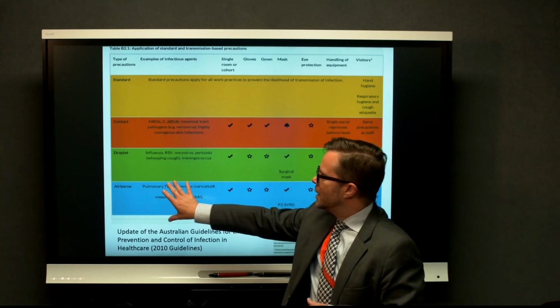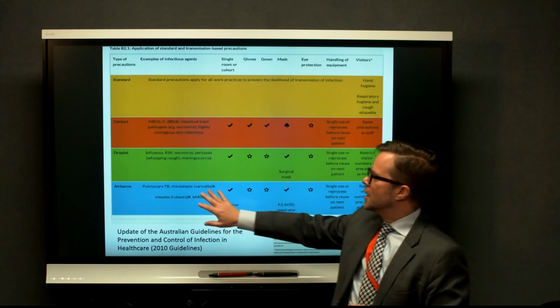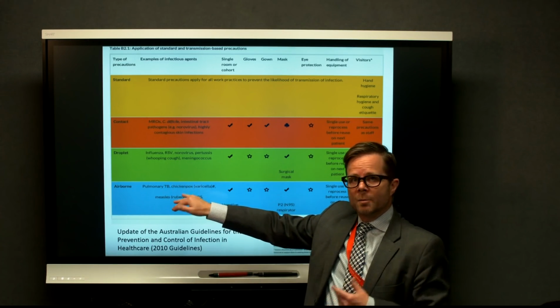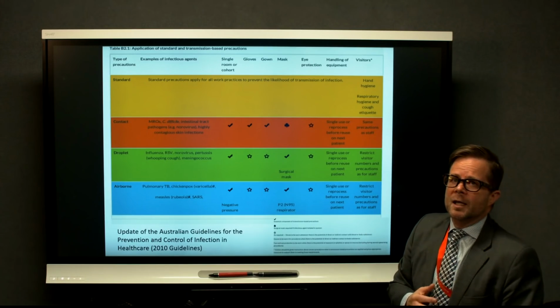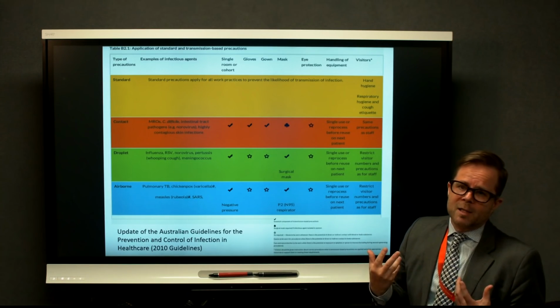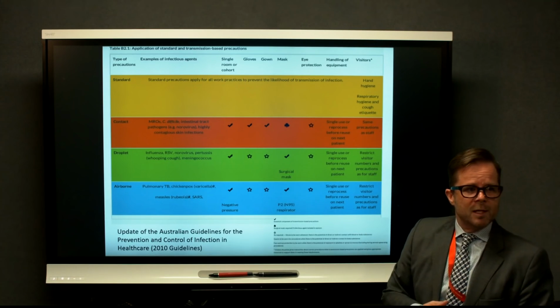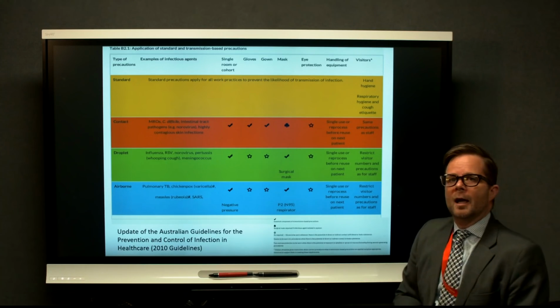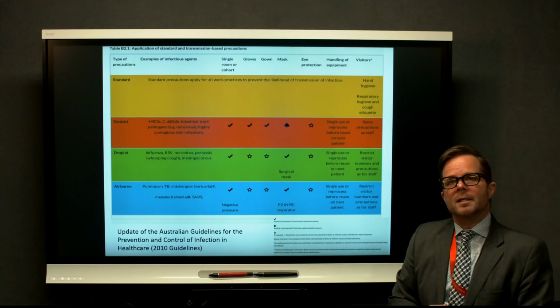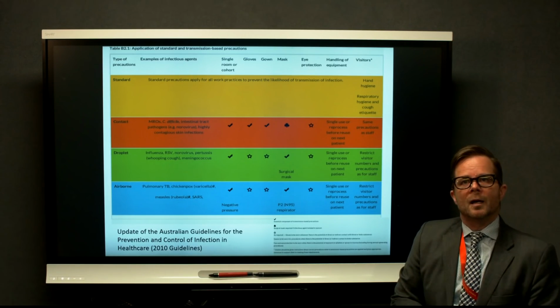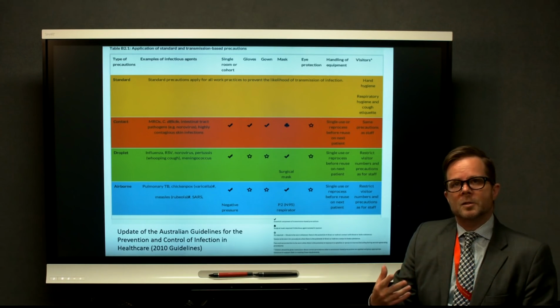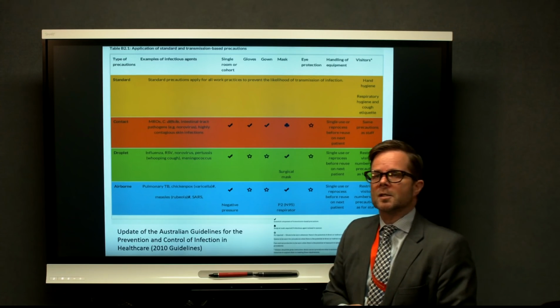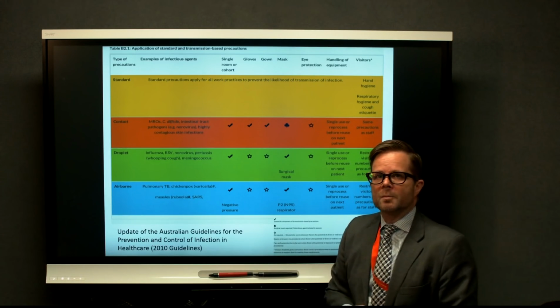And then there is a group of airborne viruses such as, I said, pulmonary TB. Tuberculosis is a disease that really has been less of a problem in Australia recently, but with migration is now rearing its ugly head, and we're getting types of tuberculosis that are resistant to our treatments.